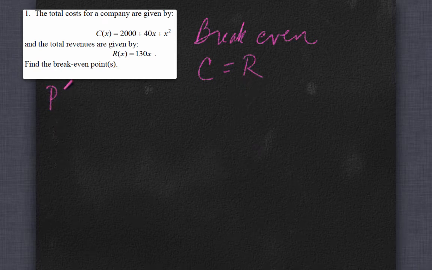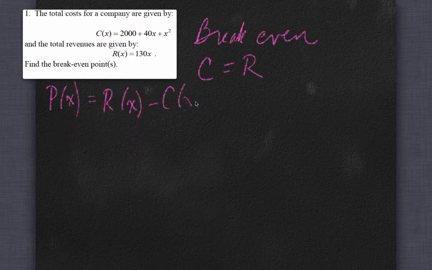Profit is always whatever money you brought in minus the money that went out, right? So it's revenue minus your cost. If revenue minus cost equals zero, then adding cost on both sides, revenue equals cost. So this is the same thing as profit equals zero.